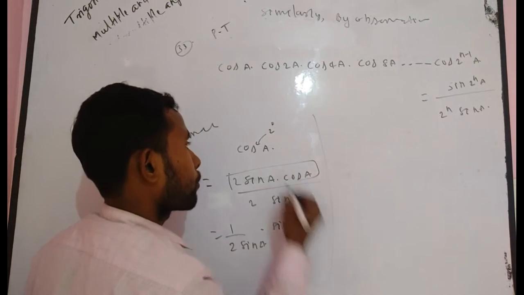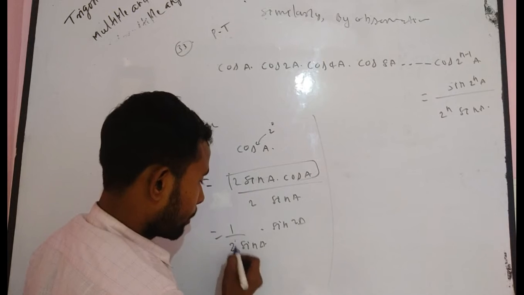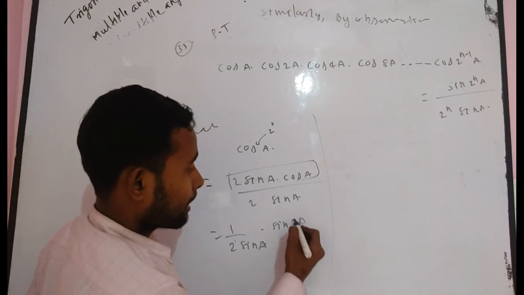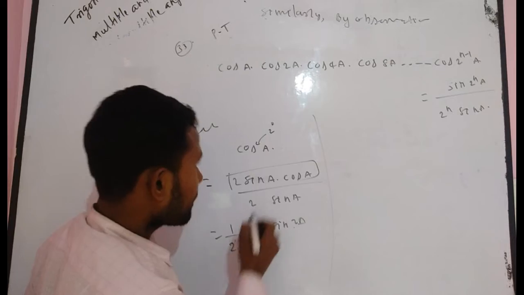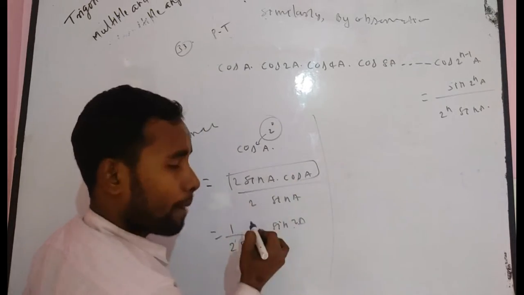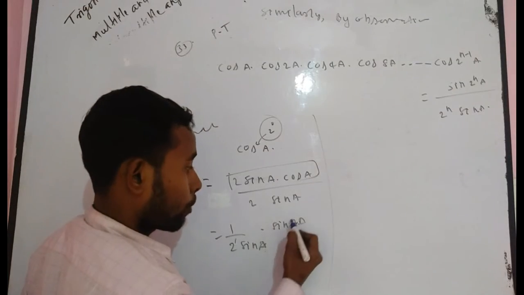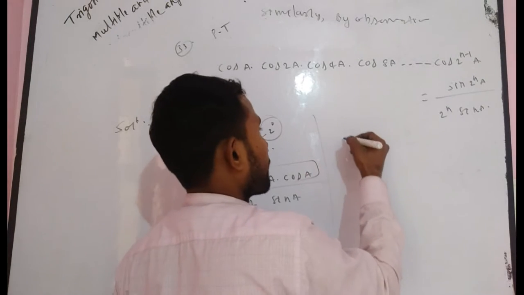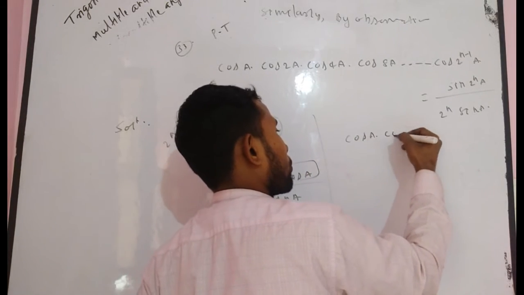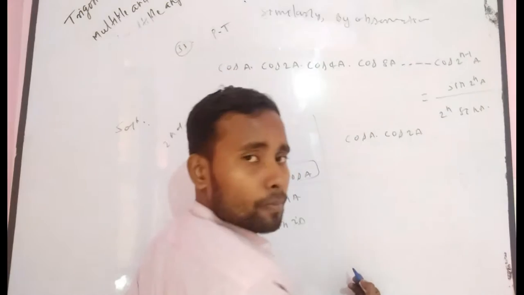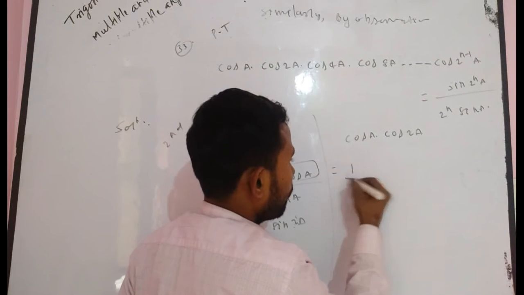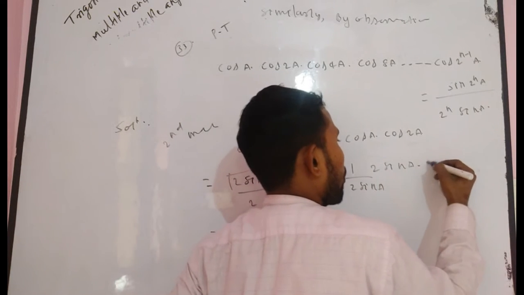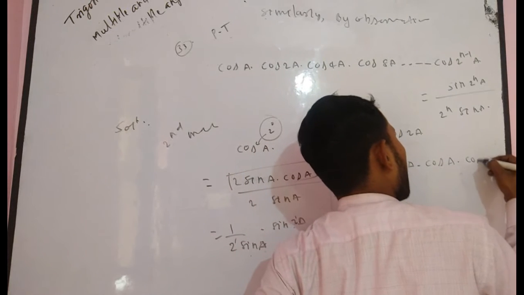That means if 2 to the power 0, then there will be 2 to the power 1. And sin A will always be common, but there will be 2 to the power 1. That means if here 2 to the power 0 is the maximum power, then you have to take 2 to the power 1, and in the limit 2 to the power 0. Now again I take cos A into cos 2A. Now you have to multiply and divide by 2 sin A, into cos A into cos 2A.